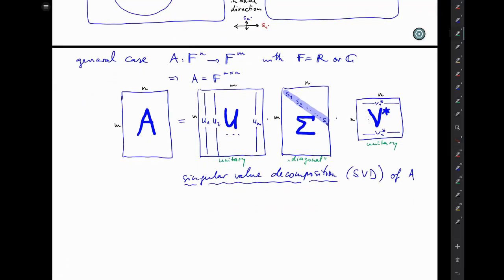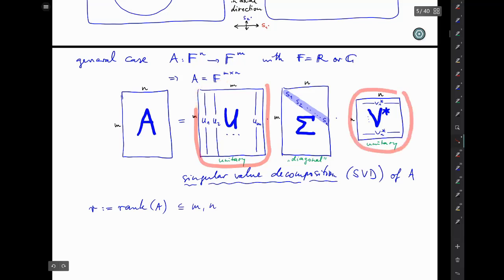Okay, now let's talk about the rank of A. Let's label this by little r, and of course r cannot be more than n or m. On the other hand, multiplication by an invertible matrix from the left or right doesn't change the rank. So that's why the rank of A and the rank of sigma are the same.